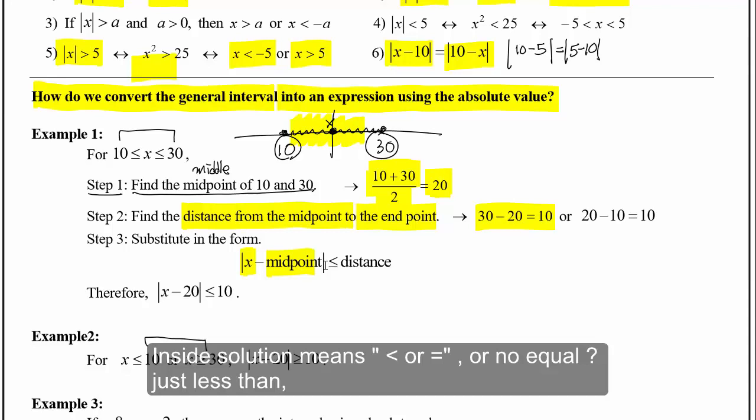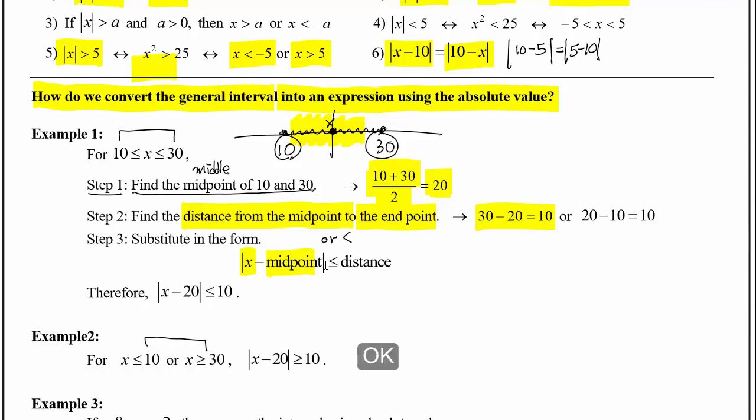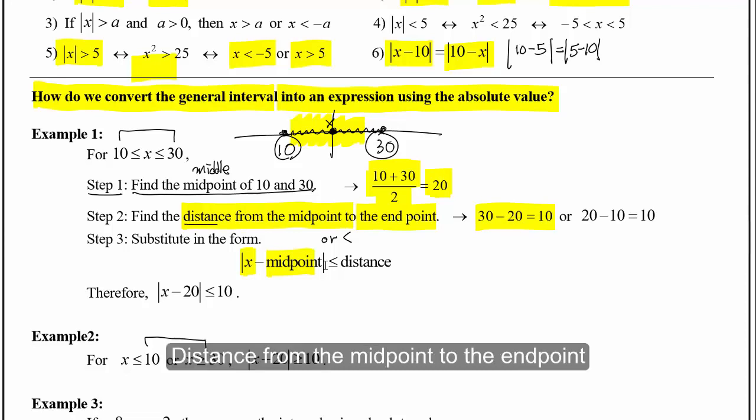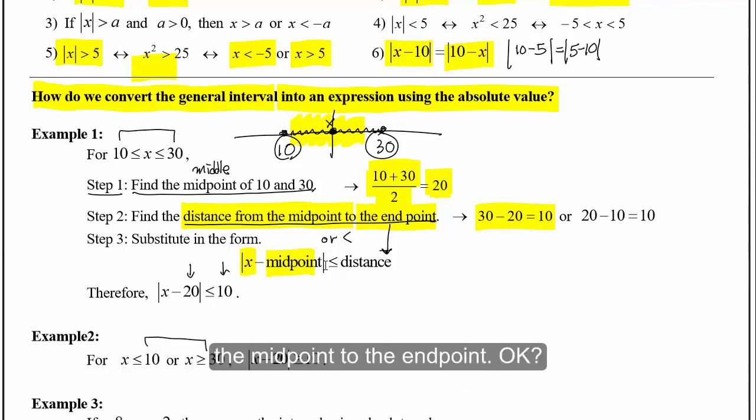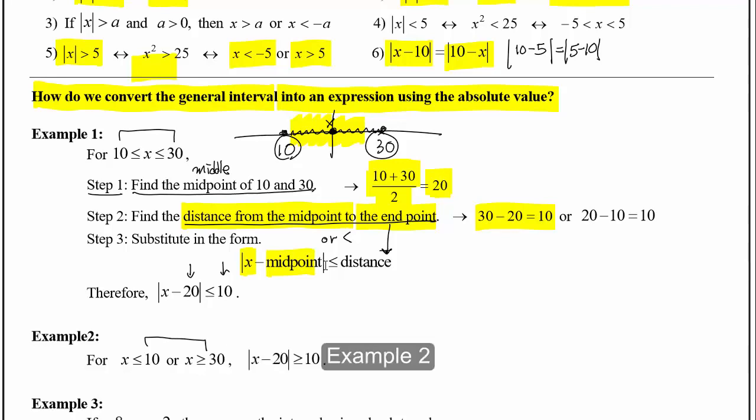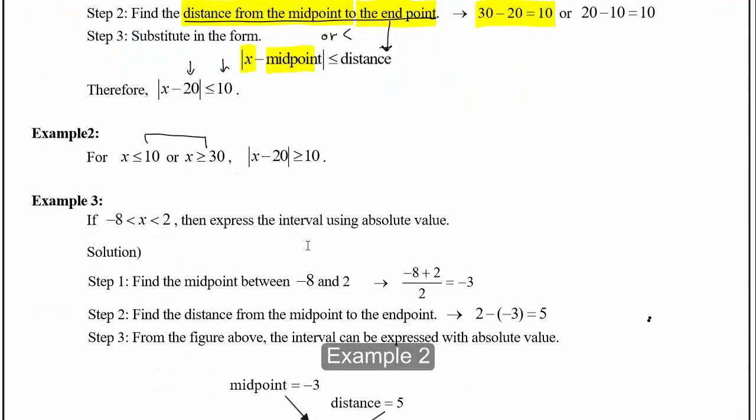Inside the solution, that means less than, equal or no equal. Okay, just less than. The distance from the midpoint to the endpoint. Now substitute the numbers over here. This is the midpoint, and the other is the distance from the midpoint to the endpoint.